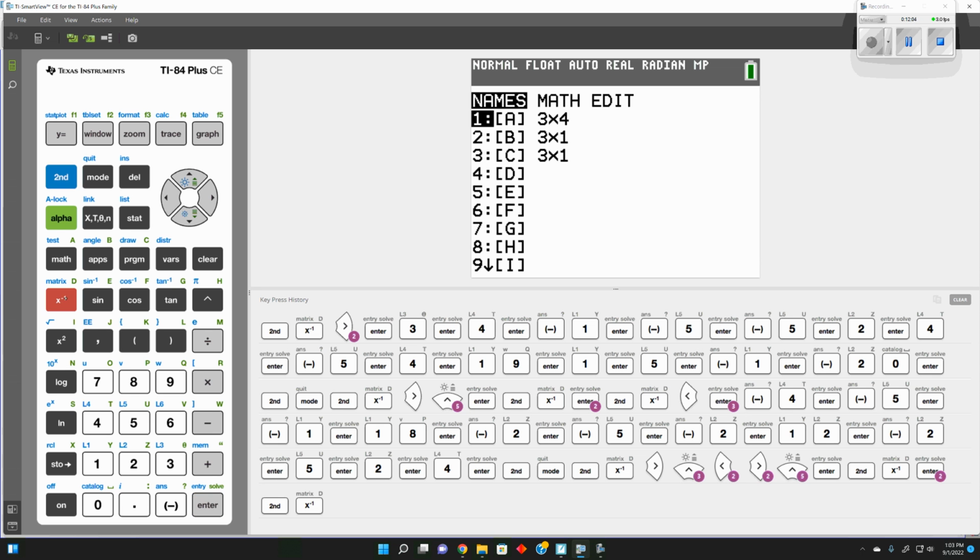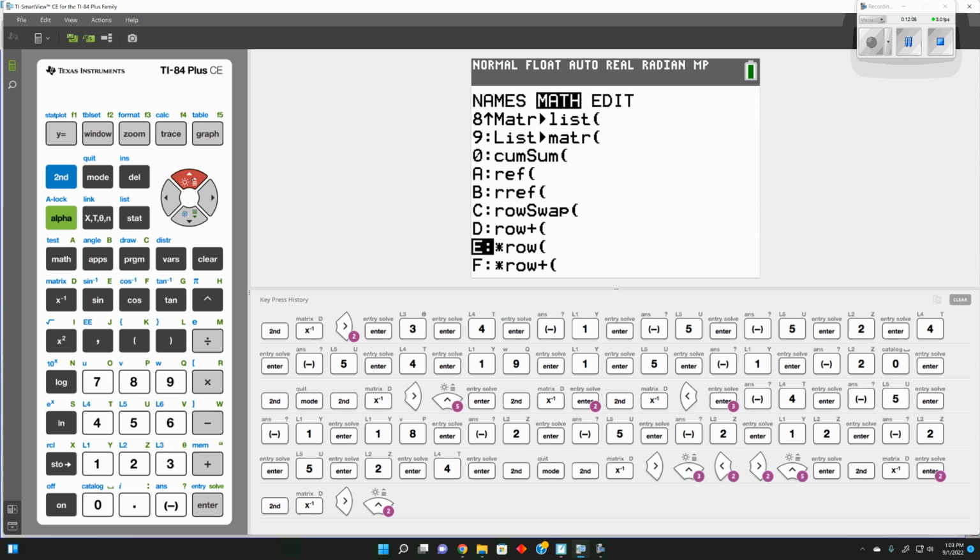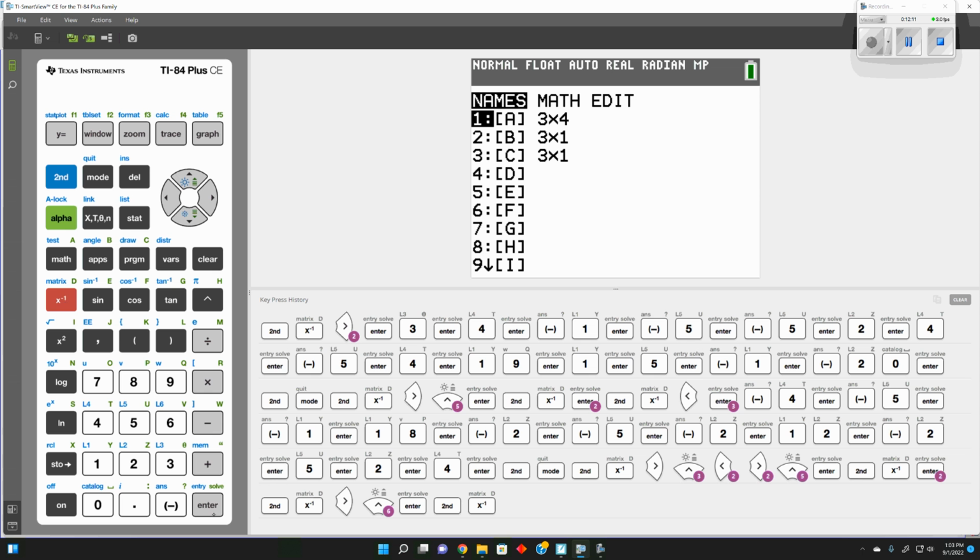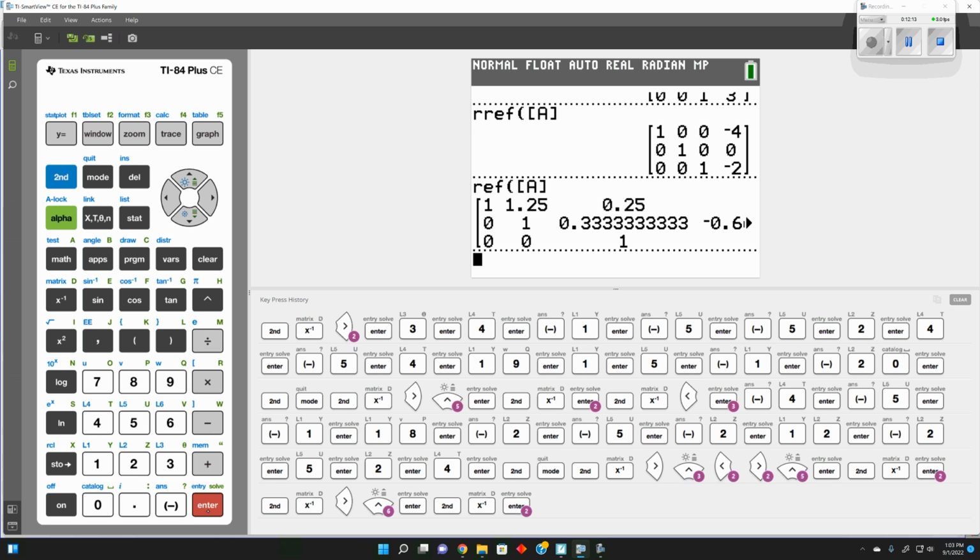Now I will go on and show you this here, as if we picked REF, second matrix, A, enter, we get this here. But if you notice, these spots here, which are 0 and the other one are not 0, we would have to do some more to it to figure out what the actual answer is.